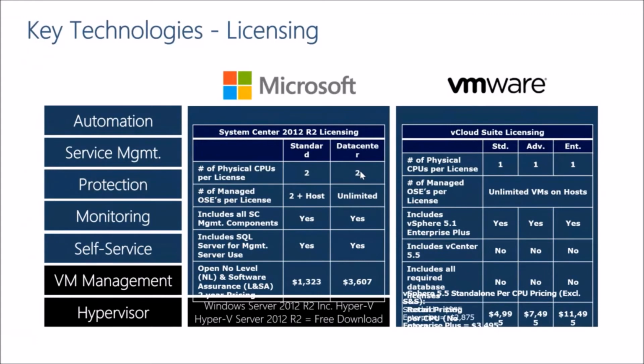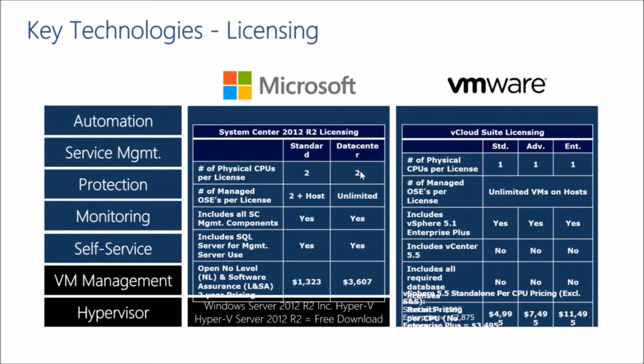2 server VMs for free, should I say? And with Datacenter, you have unlimited, but don't forget these licenses are based on the number of physical CPUs or CPU cores. So Microsoft's not silly; they're going to get their money because they know the more CPU cores you have, the more work you do, the more virtual machines you can run.